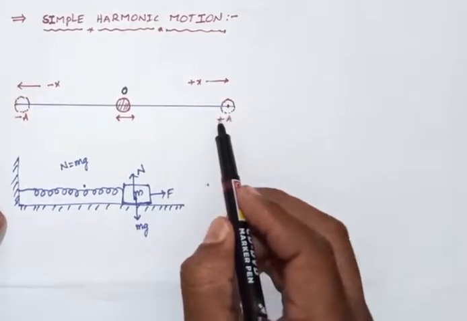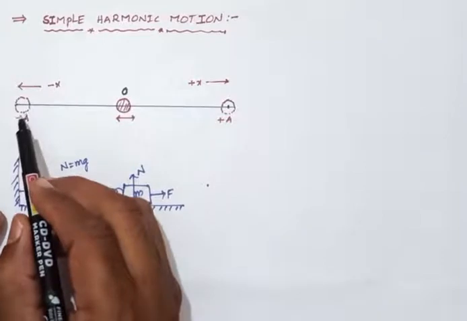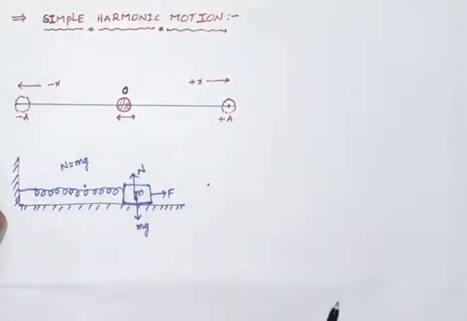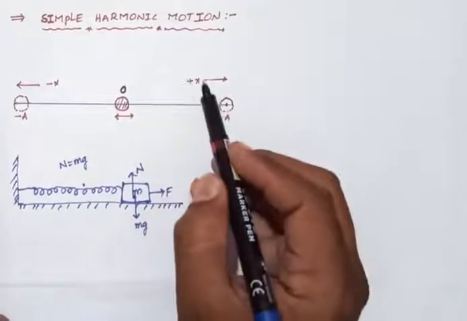In the positive direction it is plus A, and in the negative direction it is minus A. This type of motion is called simple harmonic motion.